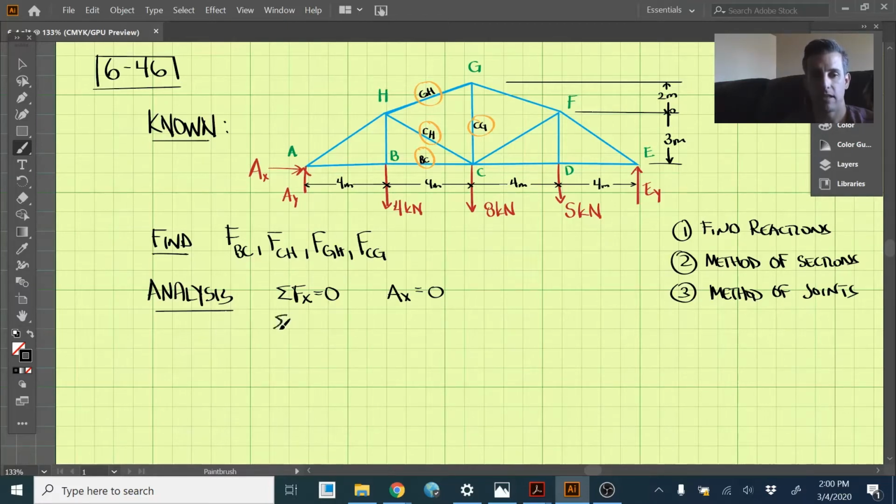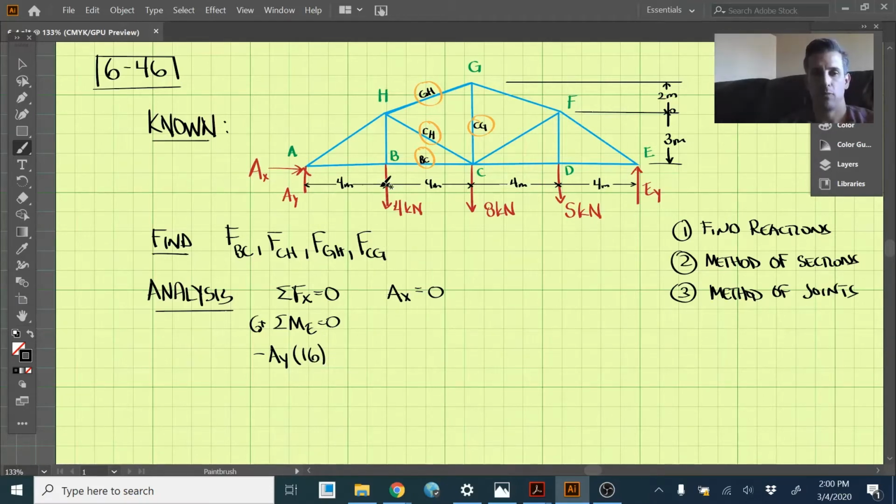So let's take the moments around E and set those equal to 0, and we'll call counterclockwise positive. All right, let's start with AY. AY is going to create a clockwise moment around E, so that should be negative. AY, and the distance it's acting away is 4 plus 4 plus 4 plus 4, which is 16.